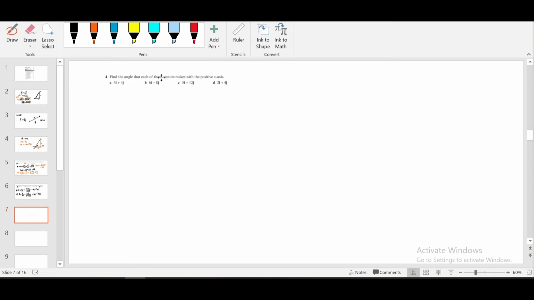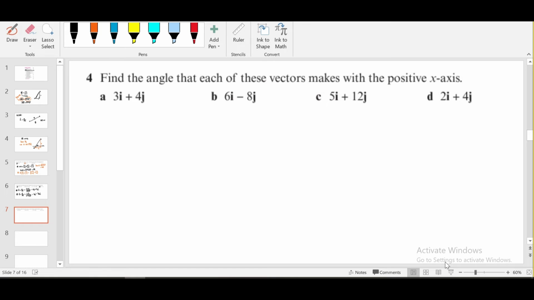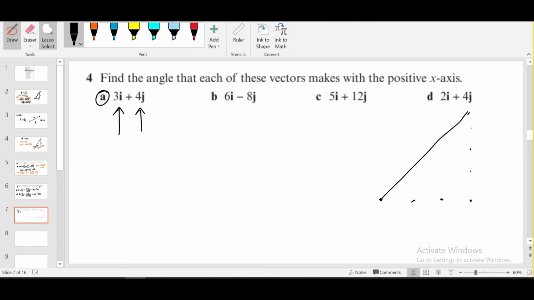Question number 4. Read the question. It says, find the angle that each of these vectors make with the positive x-axis. If you look at this question, the x component is positive 3, the y component is positive 4, right? So from a point, you need to go 3 units to the right, 4 units to the top. So the vector is this. Let's say your x-axis is in here, or it can be anywhere.